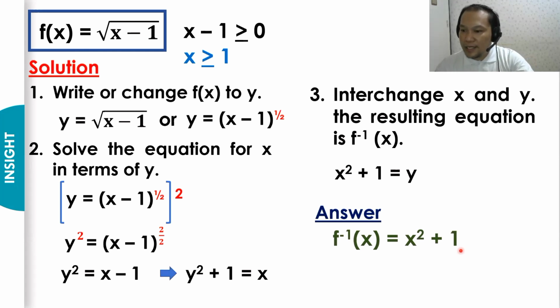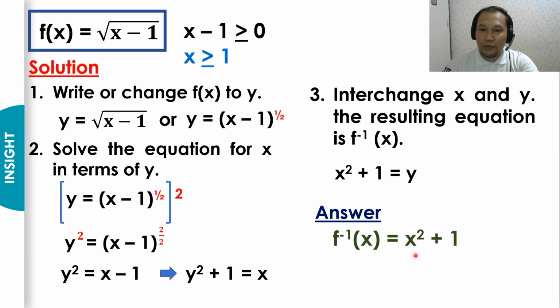Now, remember class, x squared plus 1 is equal to y, or the inverse is equal to x squared plus 1, is a quadratic function. And as a quadratic function, the graph of this quadratic function is a parabola. Therefore, we are going to have a restriction in this case because this is a many-to-one correspondence. Therefore, we are just going to get half of that parabola.